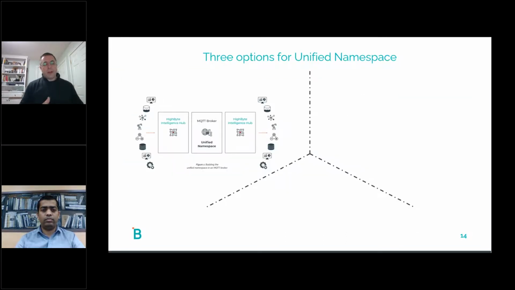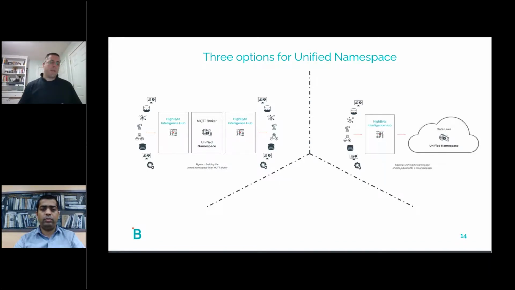Now, what I just talked about is the most common approach to a unified namespace, where we're moving the data through an MQTT broker. This makes the data very accessible, and many people talk about democratizing the data. Now anyone can get access to that data. But in many cases, companies don't necessarily need to do that. We also hear about people talking about unified namespace, but wanting to move the data into their data lake.